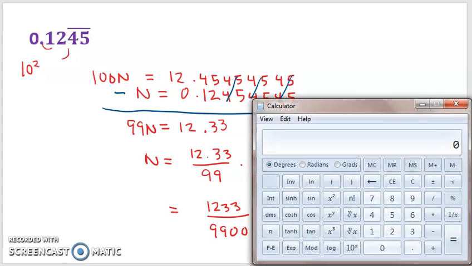So in this case, we want to have 1233 divided by 9900, and let's see what it equals. Hopefully, oh, there it is, 0.1245454545, and that is the rational number that represents that repeating decimal.